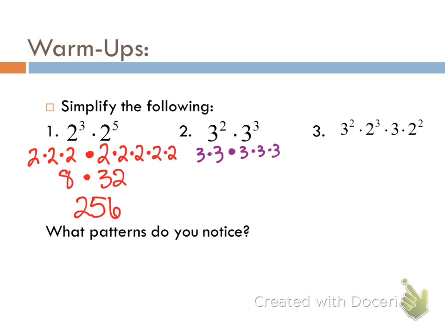Okay, so we've got 3 times 3 is 9. 3 squared is 9 times 3 times 3 times 3 is 27. 9 times 27 is 243.